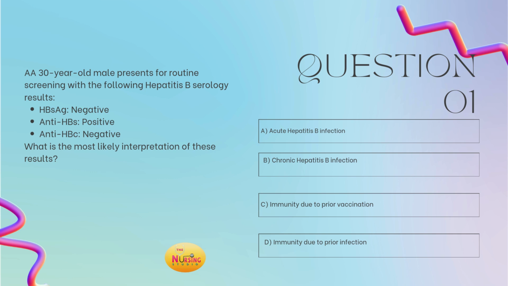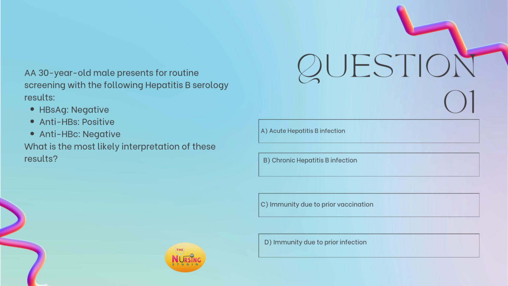All right, so I always recommend reading the stem of the question first, as it allows you to slow down to assure you're answering what is even being asked of you. So here the stem of the question states, what is the most likely interpretation of these results? So let's walk through it. All right, so the surface antigen is negative, so we know they do not have the infection, right? The anti-HBs is positive, so they have antibodies either from having the vaccine or previously having the infection.